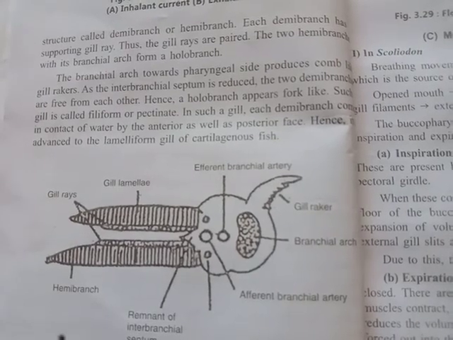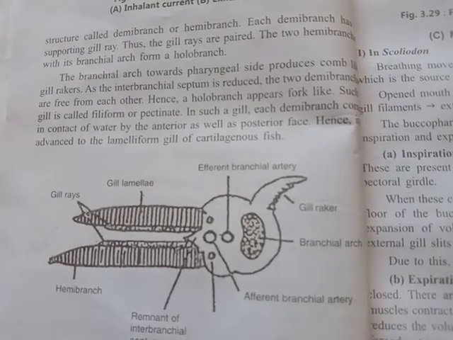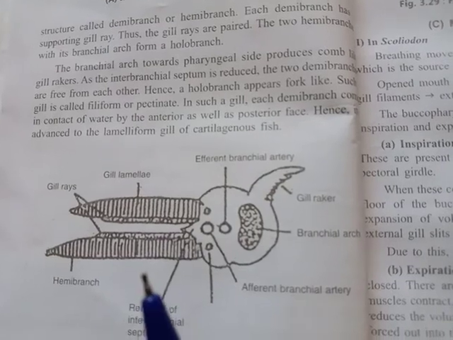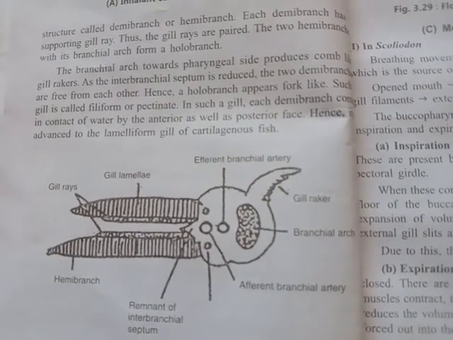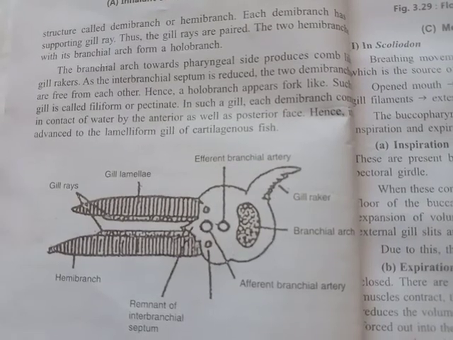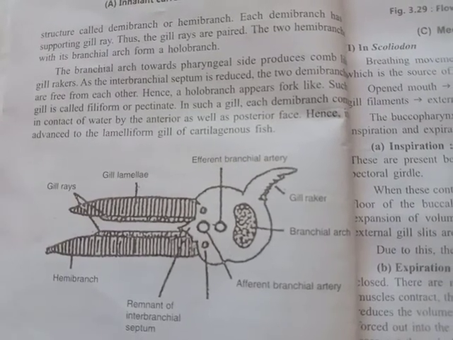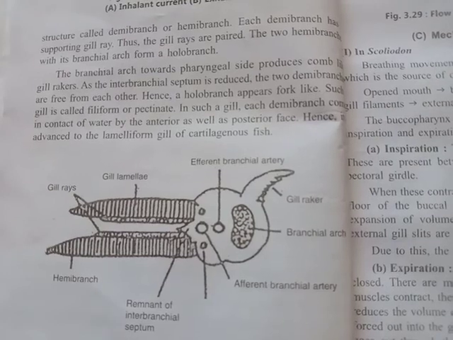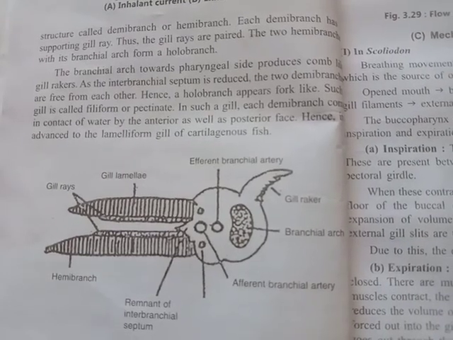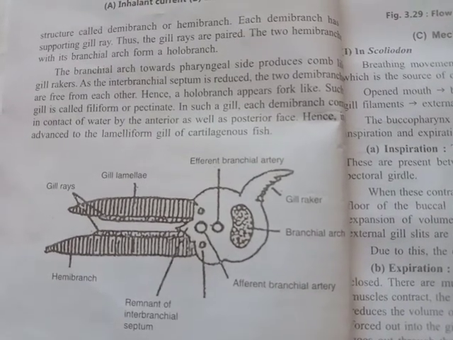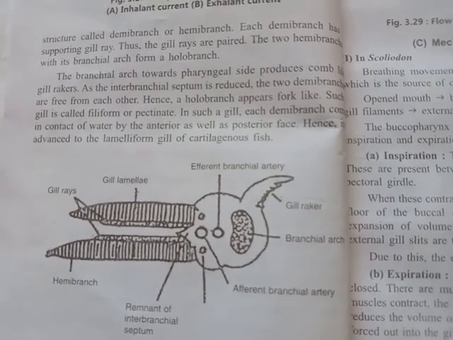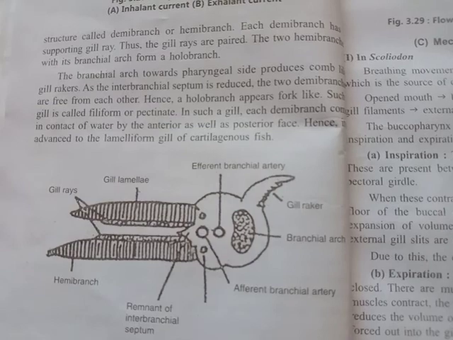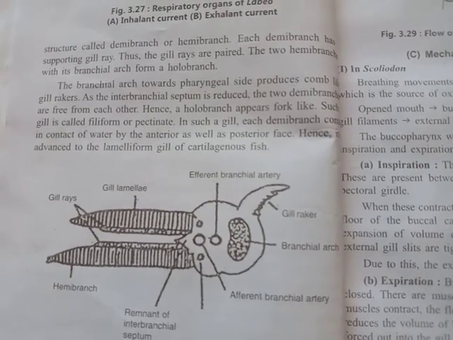Such a gill is called filiform, also called pectinate. In such a gill, each demibranch comes in contact with water by the anterior as well as posterior face. Hence, it is advanced compared to the lamelliform gill of cartilaginous fishes.